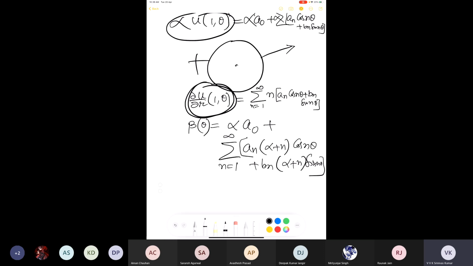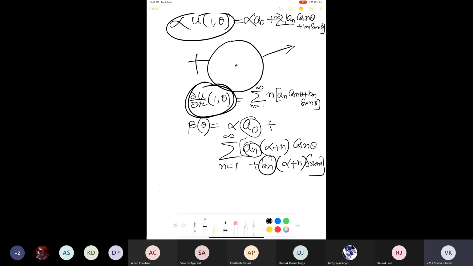So now we can solve this. What is the unknown here? We have to solve for the unknowns, the ans and bns.